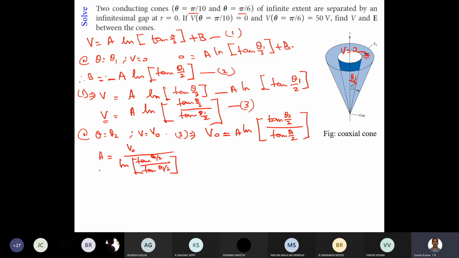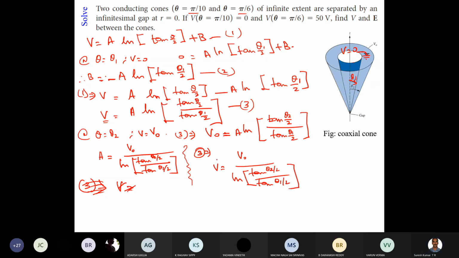Now you can rewrite equation 3 by substituting this A. V equals V naught over ln of tan theta 2 by tan theta 1 over 2, multiplied with ln of tan theta by 2 over tan theta 1 by 2.